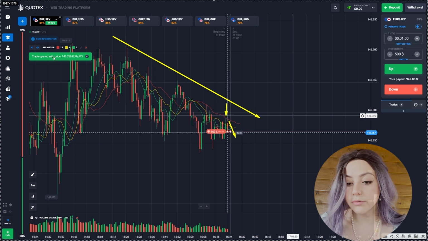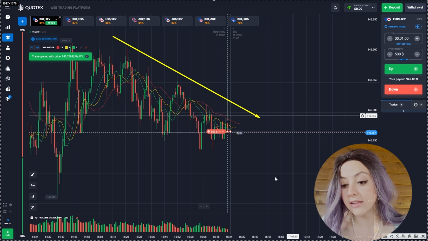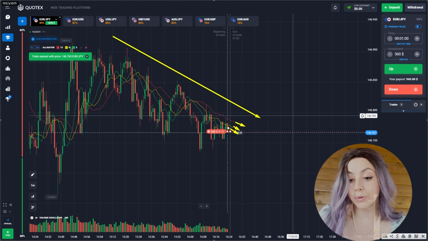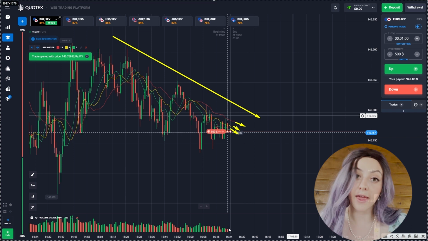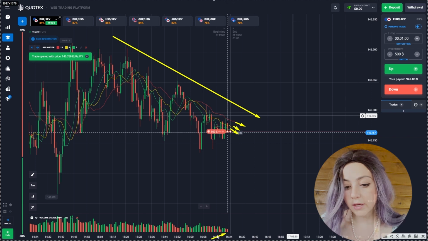And according to our helper, all of these three lines are looking down, and the red line runs over all the others, so it is actually a downward movement. And according to the volume oscillator, we can see two red bars.